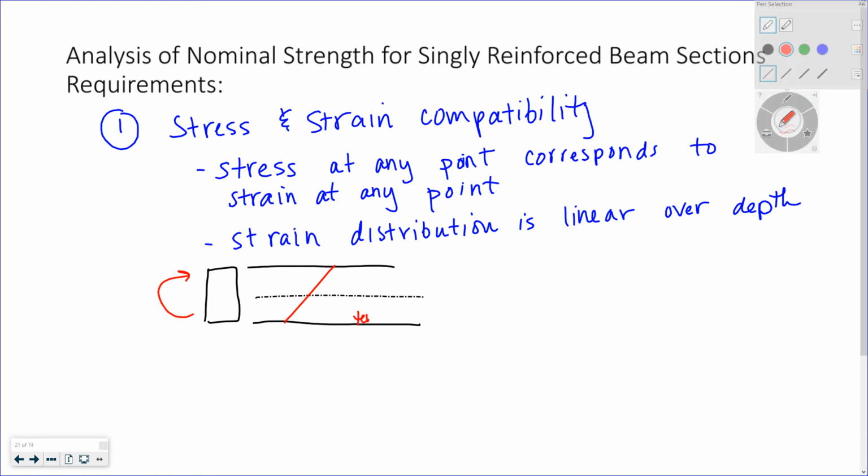Tension at the bottom, compression at the top. And that varies linearly along the depth. It's not going to have anything funky.